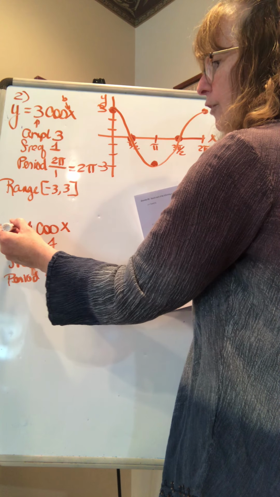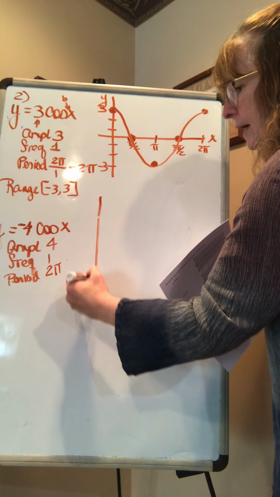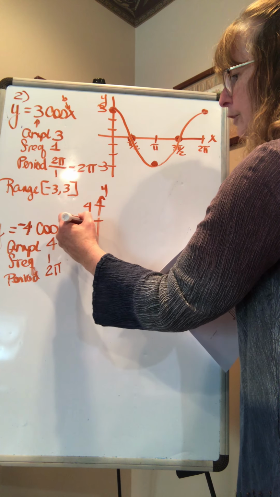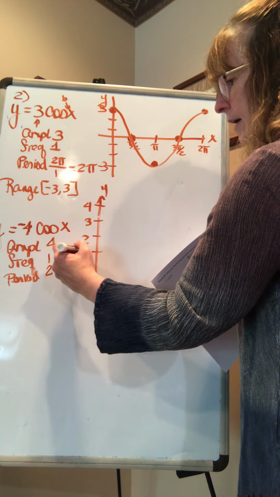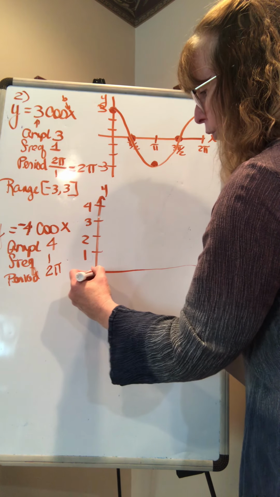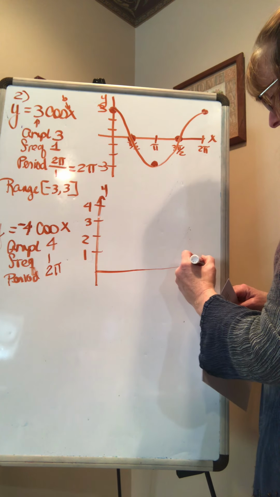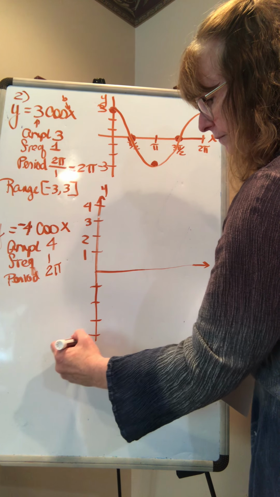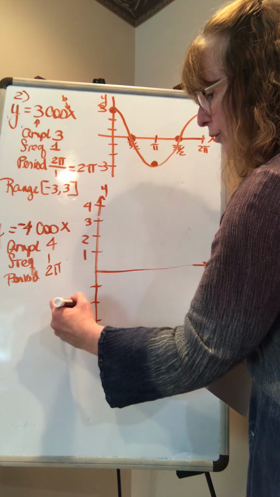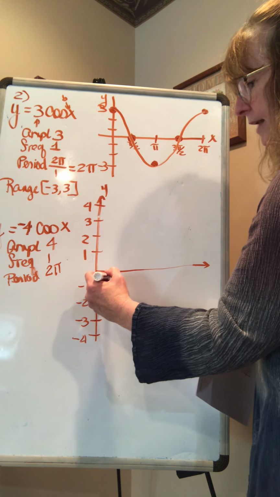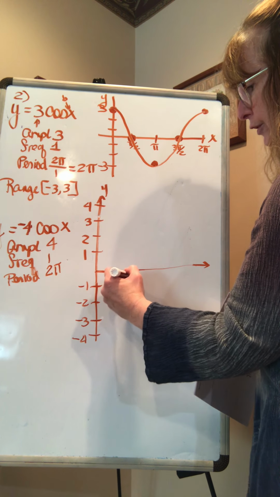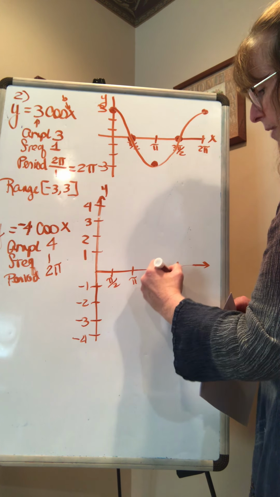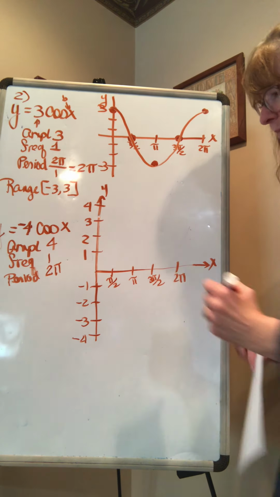Now, the negative matters a lot, because when I make my graph, I have to oscillate between -4 and +4. So I need to make sure I'm showing everything. And here's, again, pi over 2, pi, 3 pi over 2, 2 pi, and there's my x.